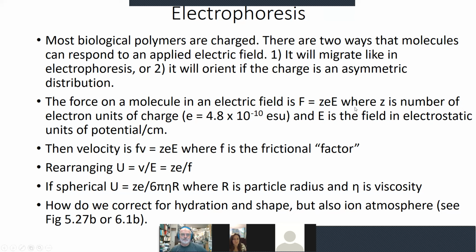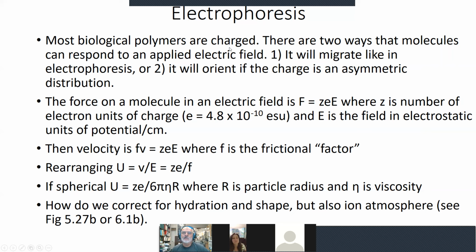Okay, so the beginning of chapter 6, I guess, that version goes a little bit further with the derivation at the very beginning. And so what it does is it starts with the fact that biological polymers tend to be charged.